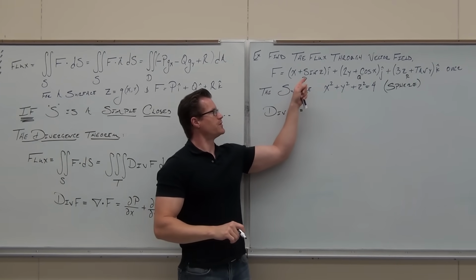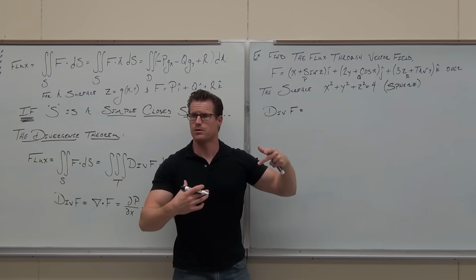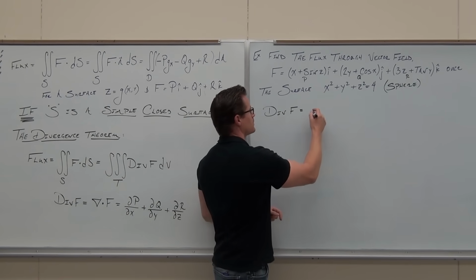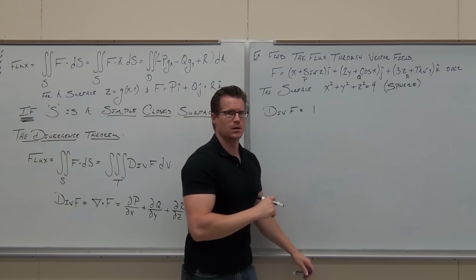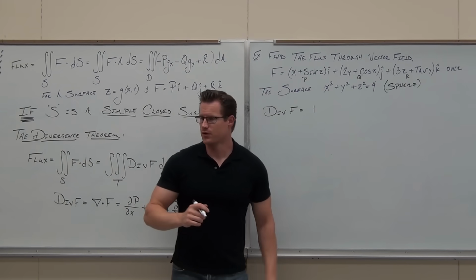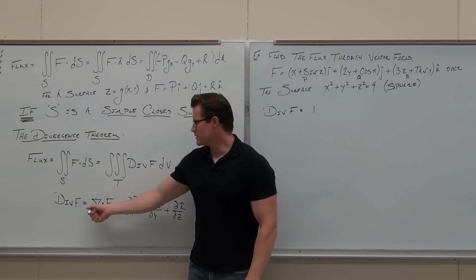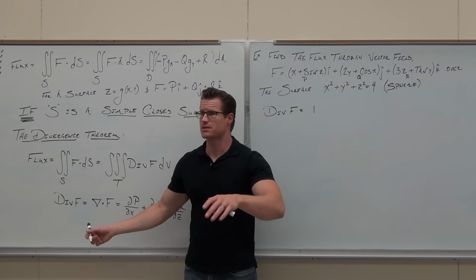Take the partial derivative of p with respect to x. It seems pretty straightforward, the partial derivative of the x component with respect to x. That's 1, not i. Do you see any i's up here? If you're dot producting things, you can't even get a vector. A dot product just gives a scalar.